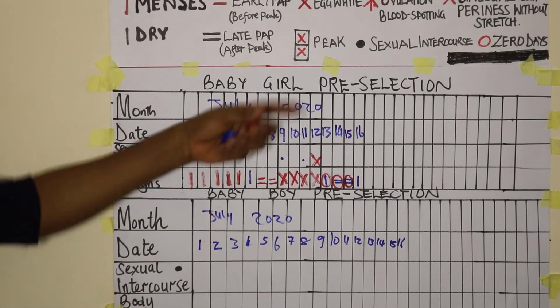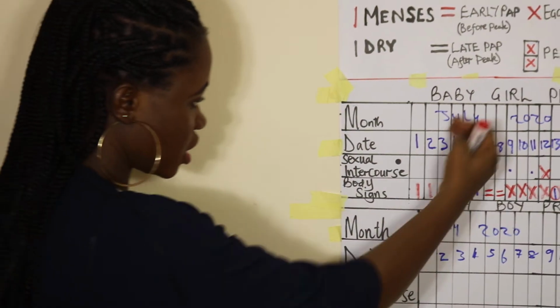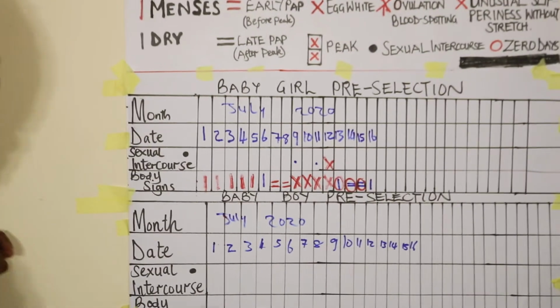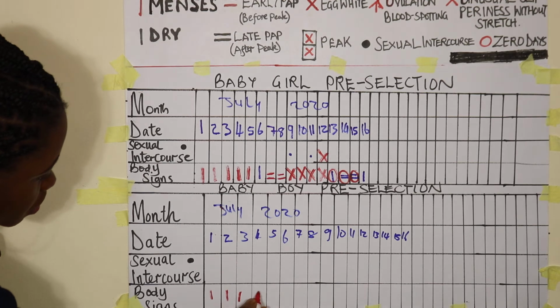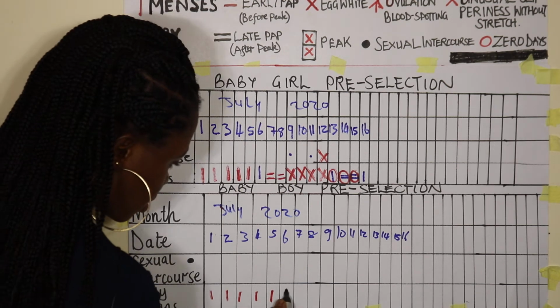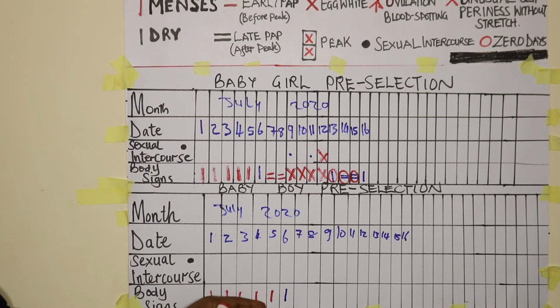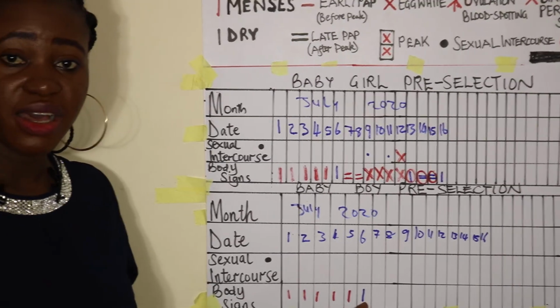So we are just bringing these signs down so that we don't go over it so much again. And then we have the body signs. She has her menses 1, 2, 3, 4, 5. And then she has her dry sign, which is her infertile day, a day after her menses.